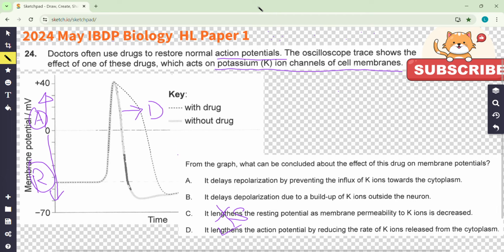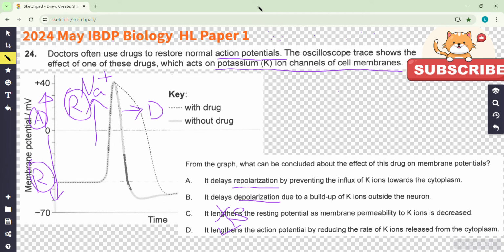So next one talks about repolarization, depolarization, and lots of words. Then you have to think about the procedure, how the potential changes. So remember what happened here is the sodium ion pumps in. So repolarization appears.